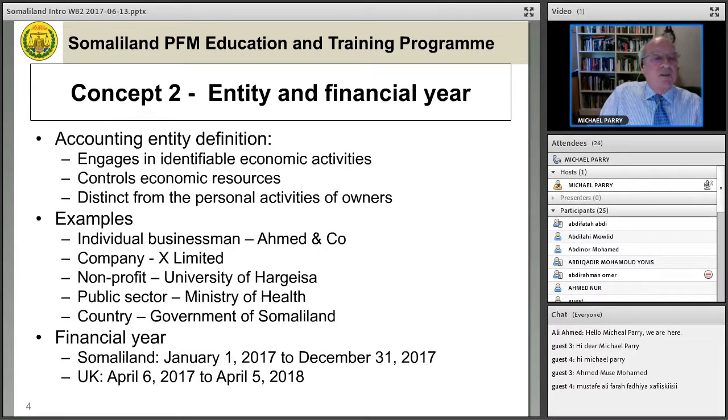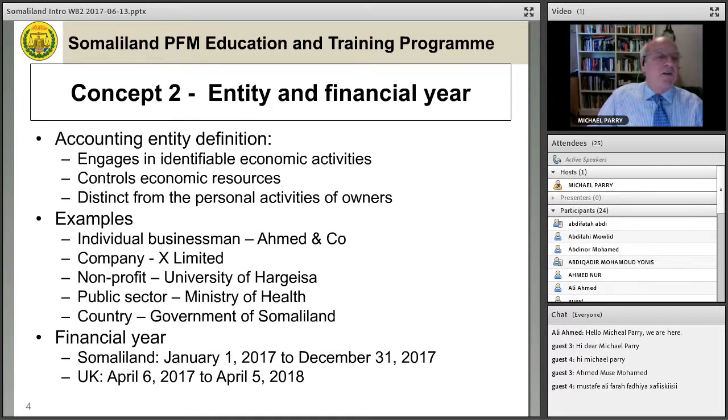The second concept is the concept of the entity and the financial year. Accounting is about accounting entities. The UN definition of an accounting entity is an organization that engages in identifiable economic activities, controls economic resources, and is distinct from the personal activities of the owner.